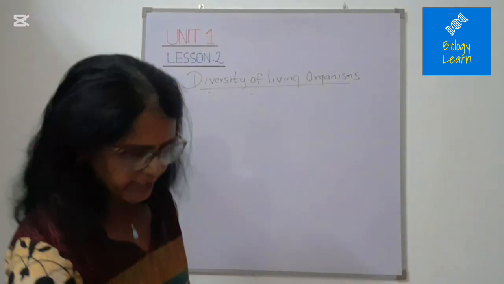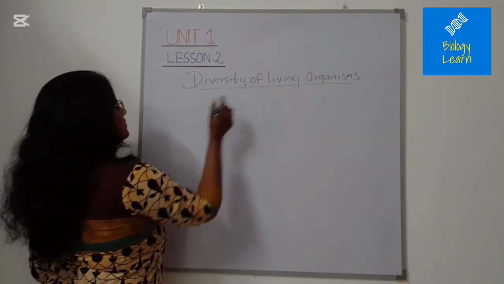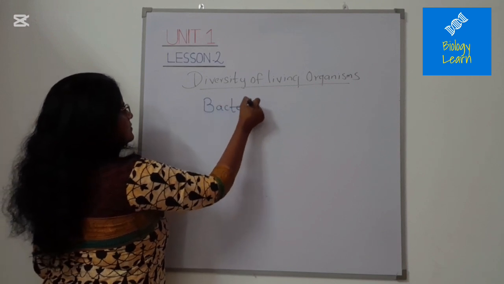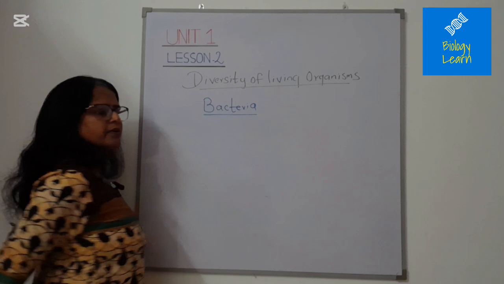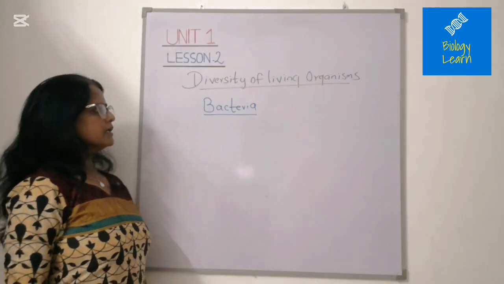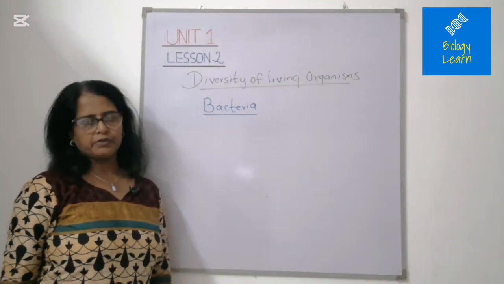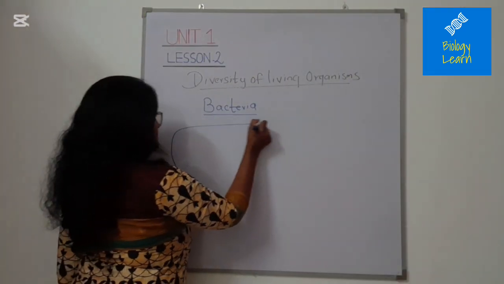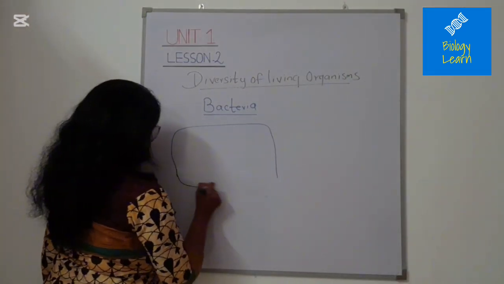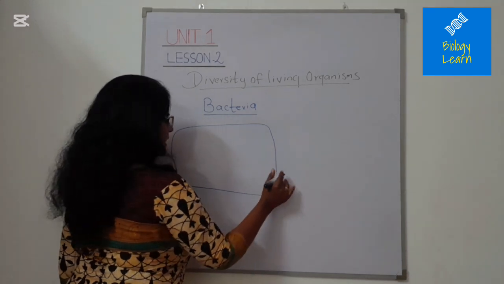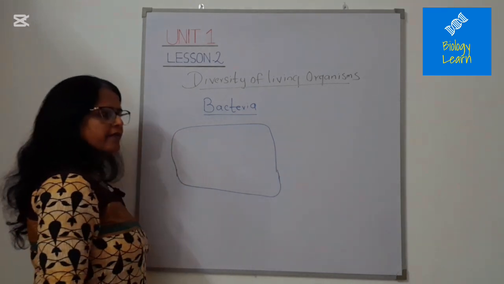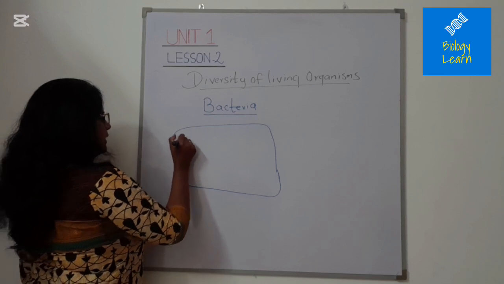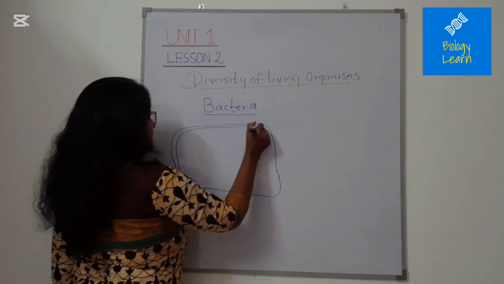First, about bacteria. We have to know the structure of bacteria, so I am going to draw the structure of bacteria here. Bacteria has a cell wall made up of murein. Inner to the cell wall, it has a cell membrane.